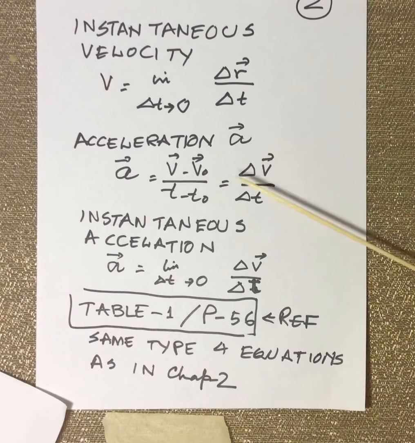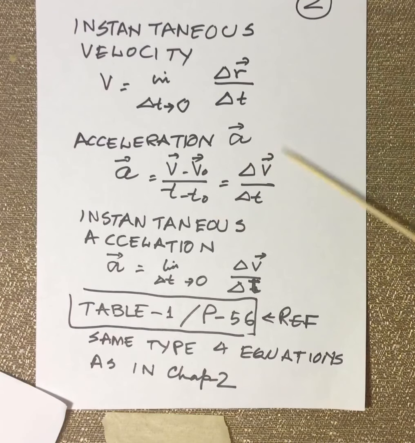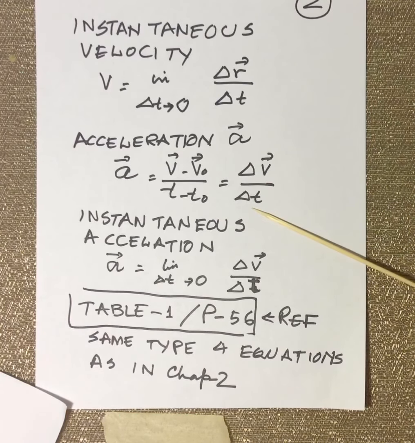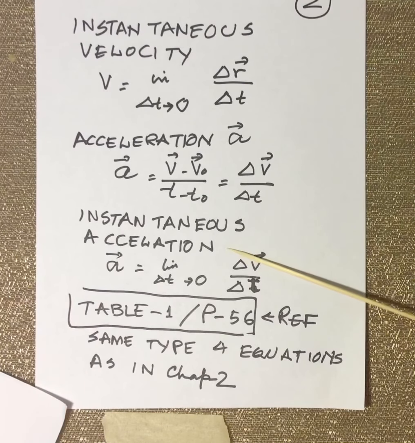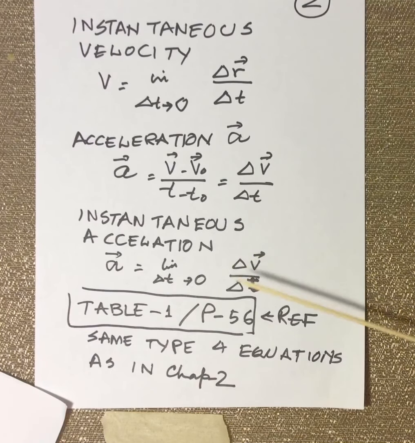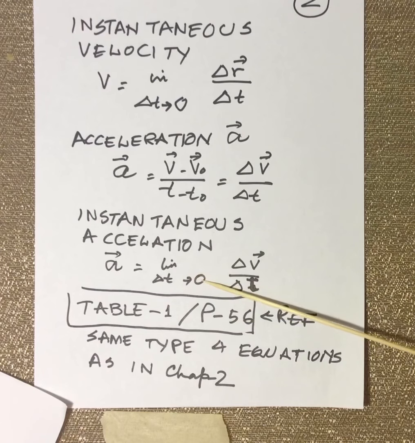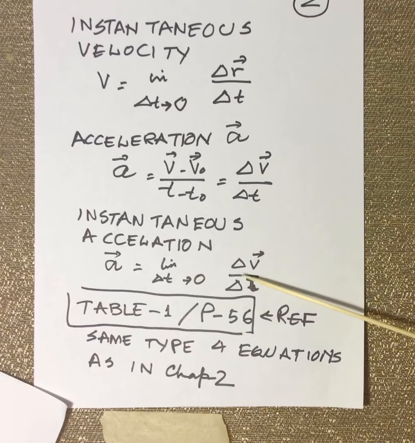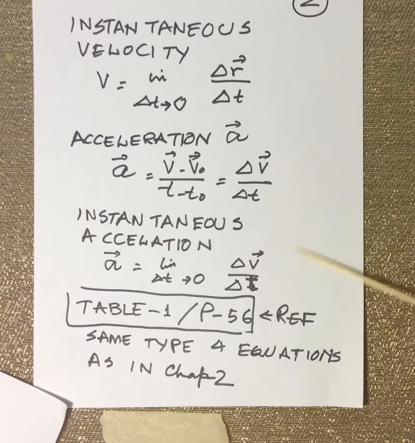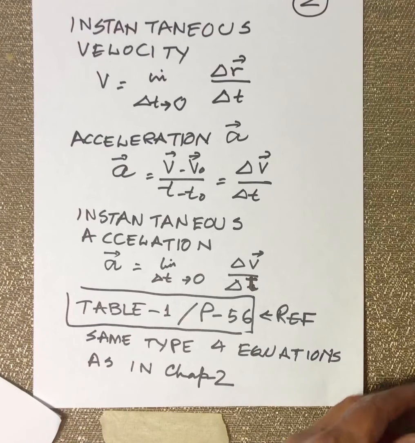Acceleration is change in velocity over time, delta v over delta t, and instantaneous acceleration is where time tends to 0, and the equation remains the same, delta v over delta t. You'll be using the same type of equation as you did in chapter 2.